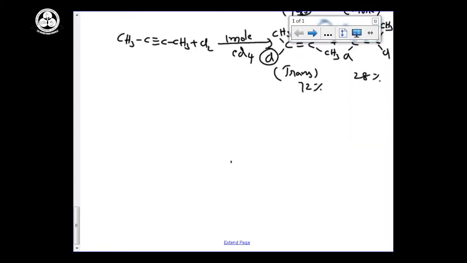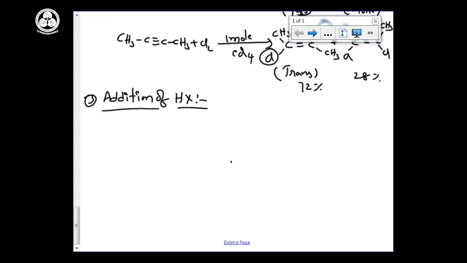Next one is addition of hydrogen halide. We have already discussed a lot regarding the addition of hydrogen halide in alkenes. The third one is addition of hydrogen halide.